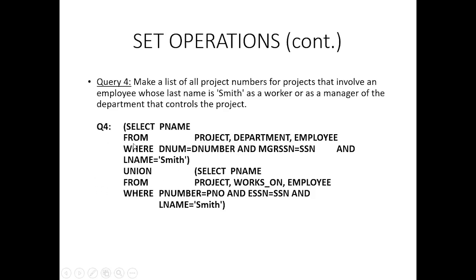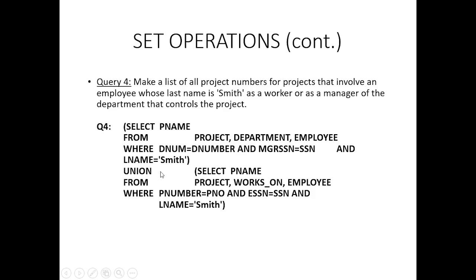Here the condition is where dnum is equal to d number, and manager SSN equal to SSN, and LNAME equal to Smith. We will be getting all the projects that have an employee whose last name is Smith. So that is manager SSN equal to SSN.